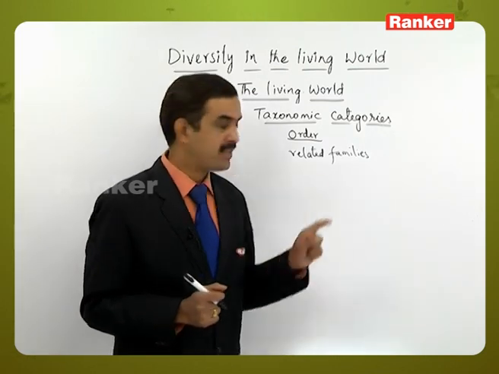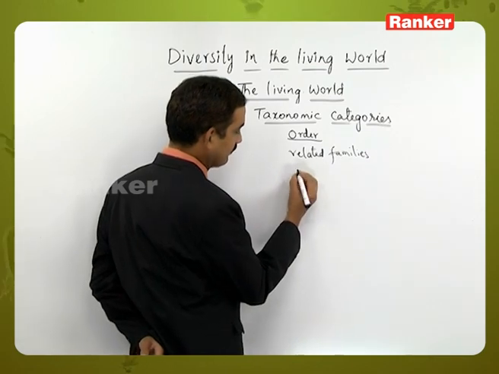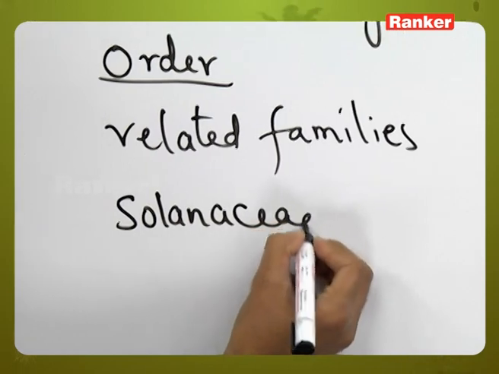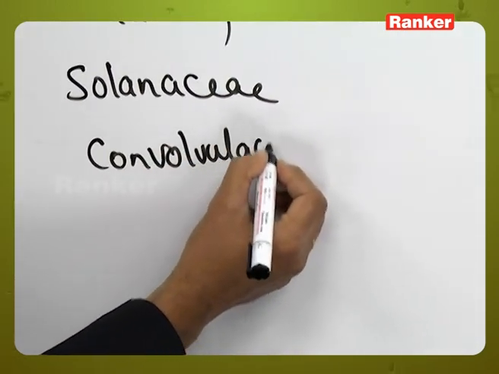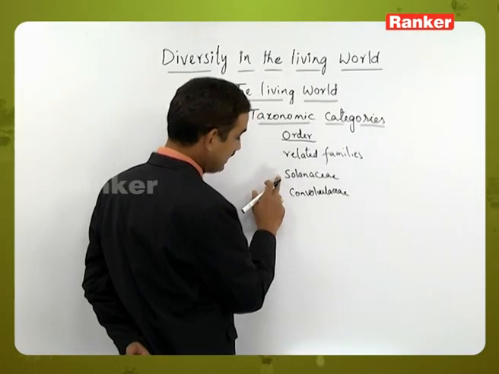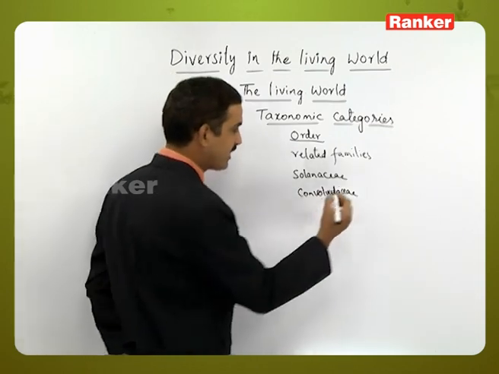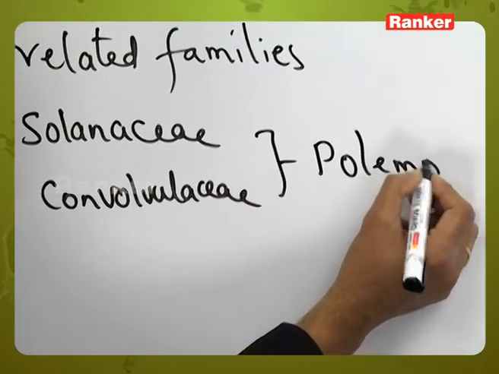Based on the similarities they have been kept under one order. That is, Solanaceae is one family and Convolvulaceae is one other family. So they exhibit many differences, but at the same time they have a few similarities. Based on the similarities they have been kept under an order called Polemoniales.